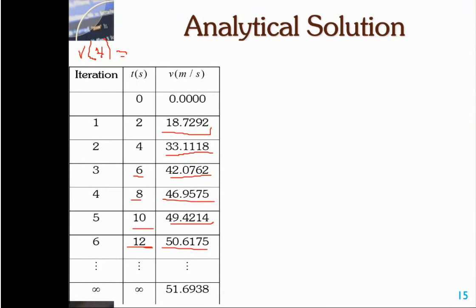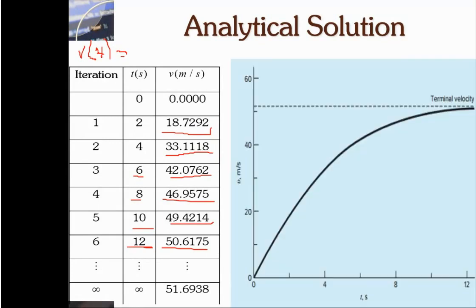Let's see how this all shows on the graph, that is, when we plot the time against the velocity, how the whole system looks. Right from the start, you can see that at time 0, velocity is equal to 0.